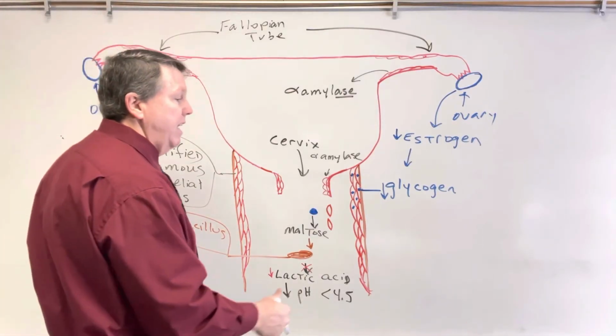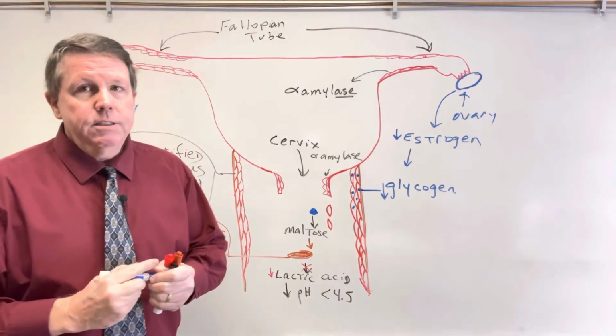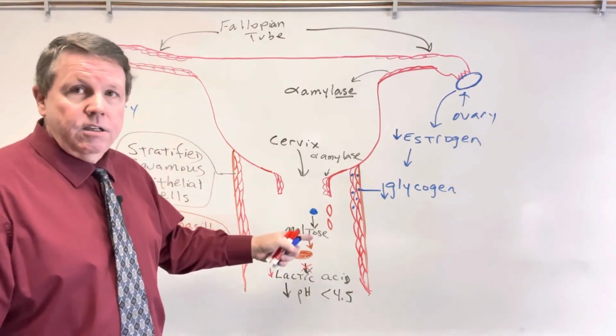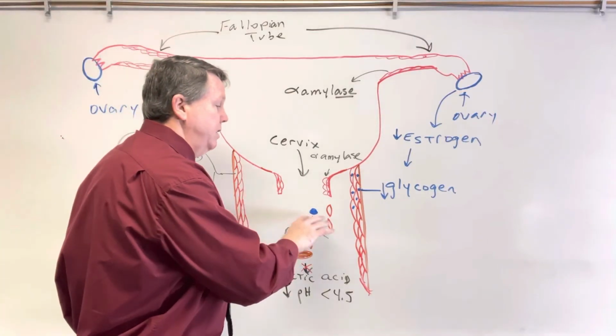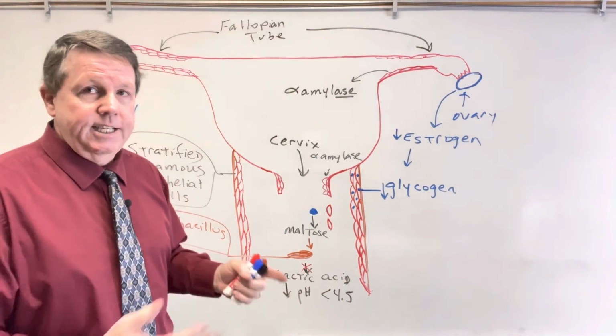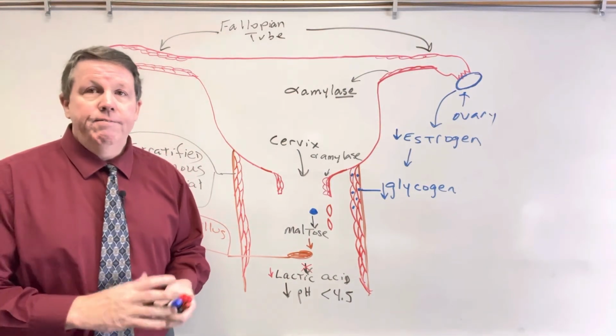And so that's also going to increase the pH. Again, if we increase the pH, it's becoming more of a base, and when it becomes more of a base, more bacteria can grow. Then your immune system has to go in and fight this off, and you have vaginitis again. You have inflammation. So that's basically the role that estrogen plays in preventing vaginal infections.